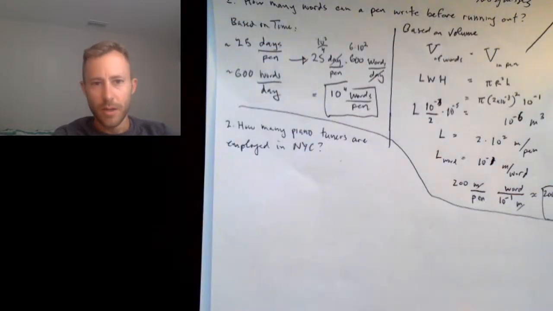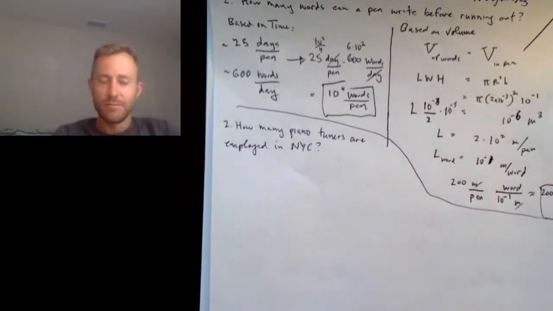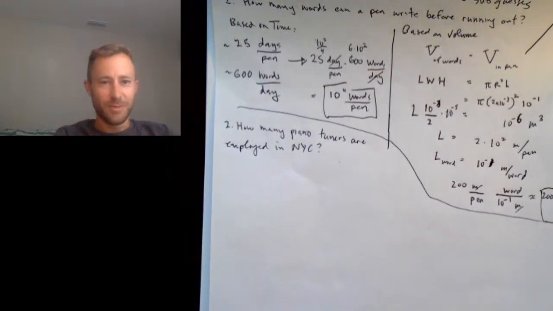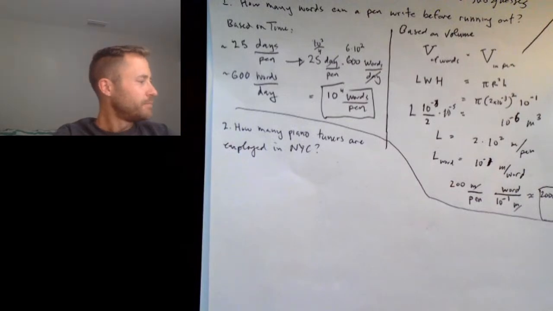Okay? How many piano tuners are there working in New York City? That just seems like such a random question. Like, how could you even guess it? But we want to break it down. We want to break the problem down.